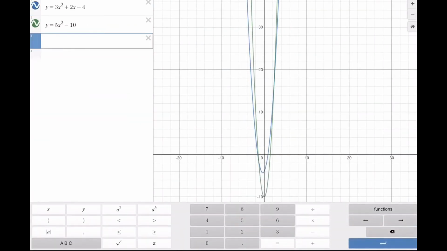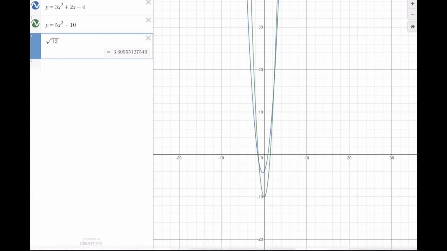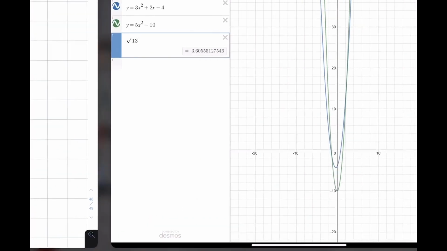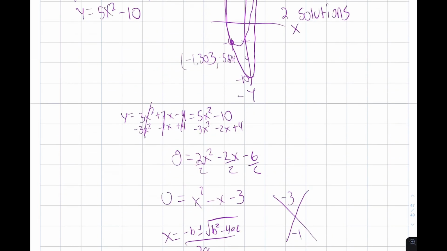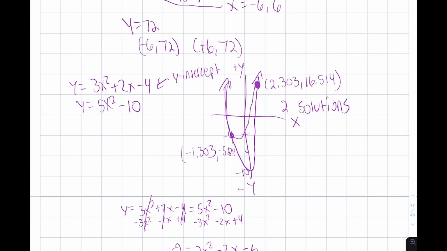Let's get square root of 13. It's 3.605. So that's 1 plus or minus 3.605 divided by 2. And those are going to be your answers for x. So that's where these parts came from. And that's ugly.